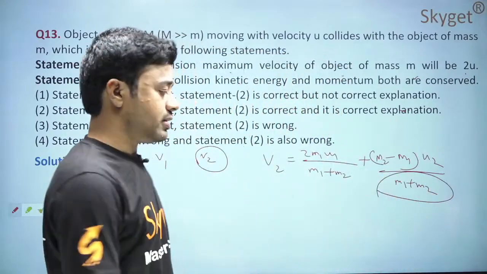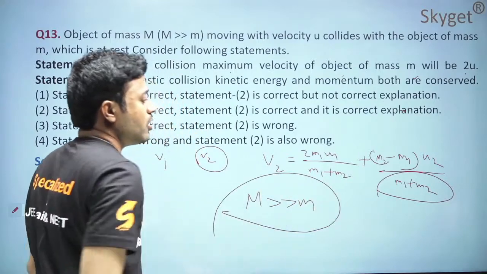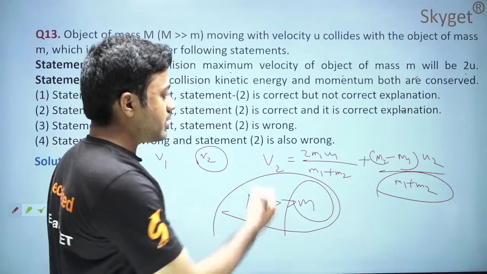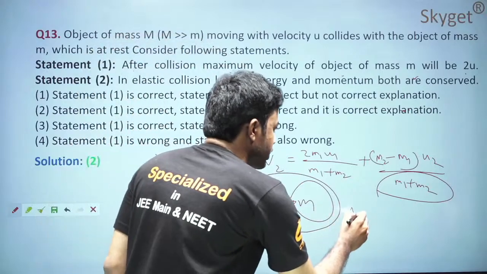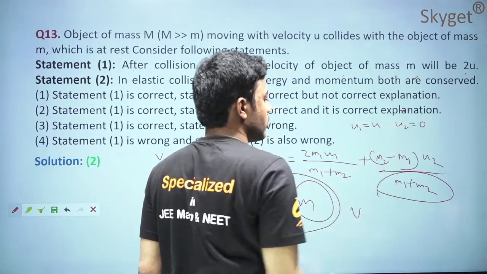Whenever he says the mass capital M is very much larger than the mass small m, you can neglect the value of mass small m. Then obviously you will get this value v2, because he has given u1 is equal to u and u2 is equal to 0.